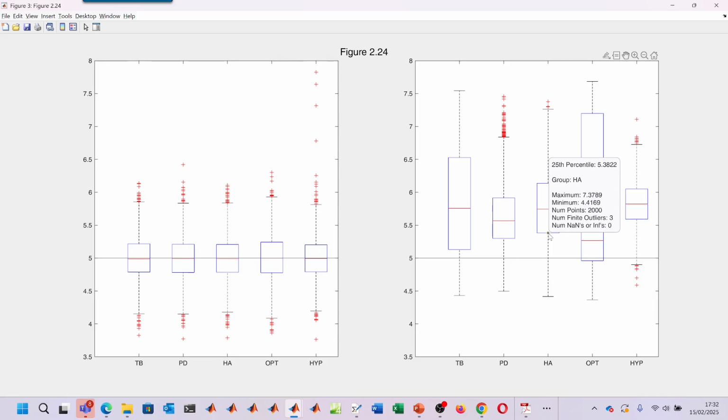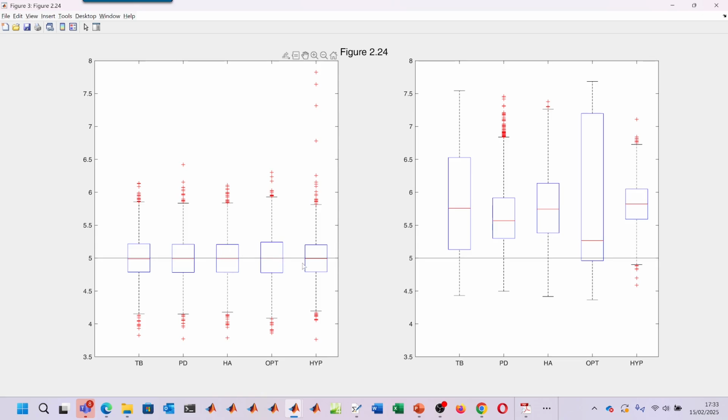The message which comes from this plot is that in the context of robust estimation of location, it is important to have a good estimate of the scale. Because if you don't have a good estimate of scale, you end up with a distribution of parameter estimates which are biased.